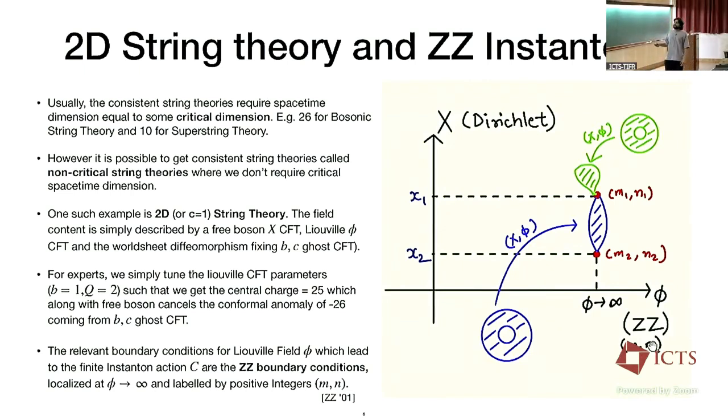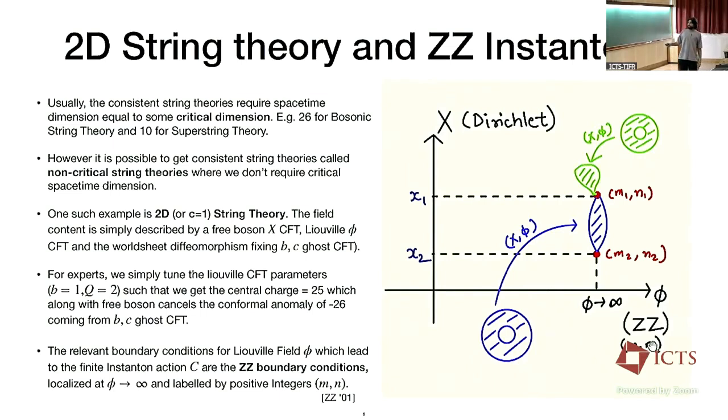One such example is 2D string theory, in which we have a simple free boson like the other space-time directions, but we have a weird boson, the Liouville field, which has a non-trivial exponential potential. And of course, there are ghosts which are not relevant right now. But roughly, you can think of it as an X-phi target space, as I've shown here.